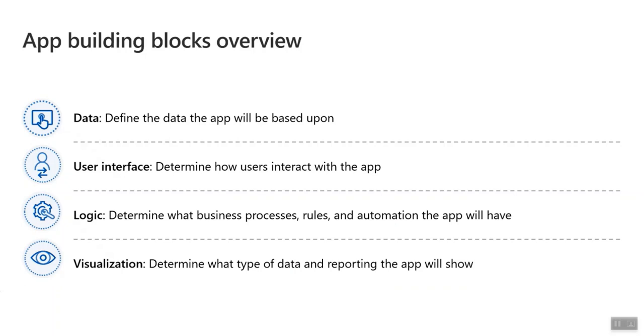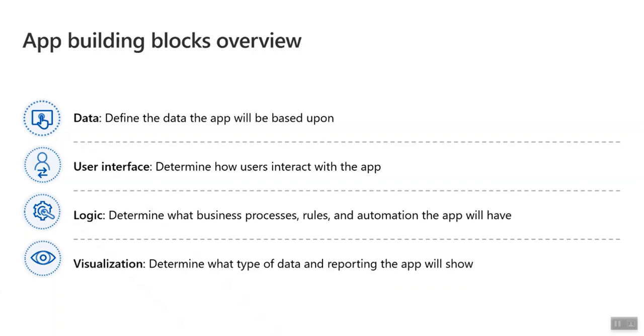Then you do the user interface, saying how my users are going to interact with the application. Then you have to define your logic. This determines what my business process is going to look like, and what the rules and the automation my application is going to have. And finally, visualization. What type of data and reporting the application is going to show to the end users.